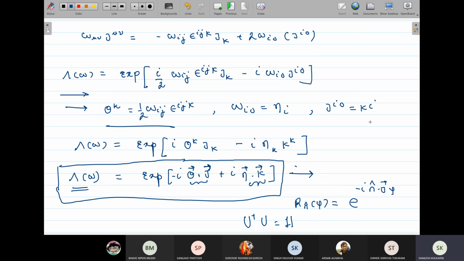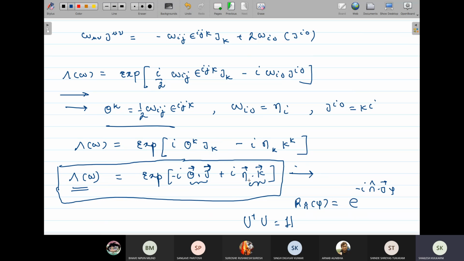Omega i0 is eta i, that we have seen. But these eta i's are the parameters for the boosts. And if you go back to the first part of this lecture, these etas are not bounded. They run from 0 to infinity.